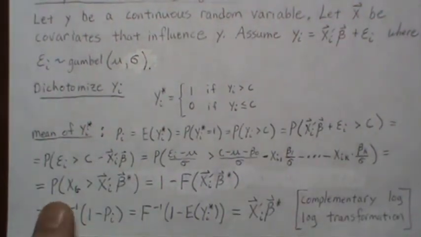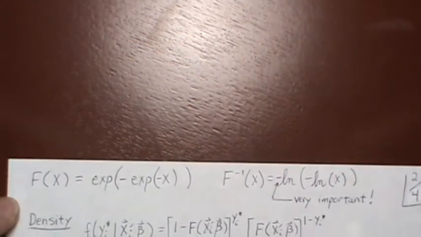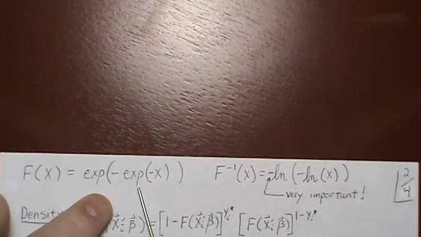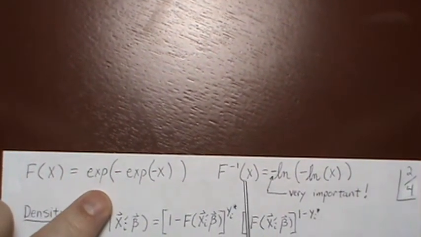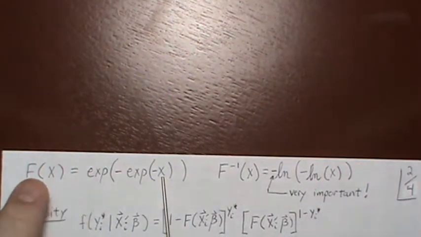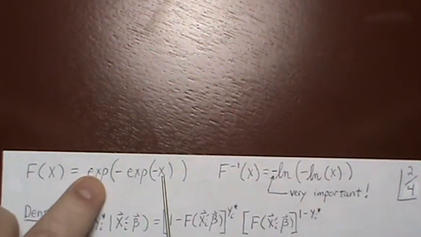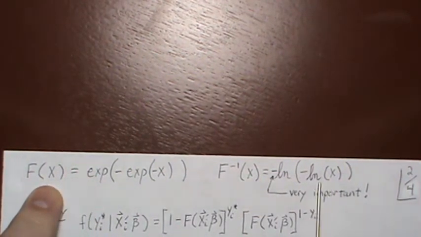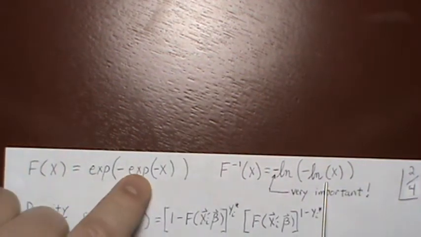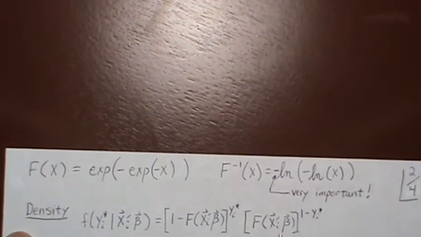Now, let's look at that in a little more detail. So the CDF was this, and so the inverse function is this. The way you get an inverse, you make that x a y, and you call this x, and then you solve. So you take the log of both sides, and then you have to take the minus, then you take the log, and then you take that minus to the other side, and that's what this is.